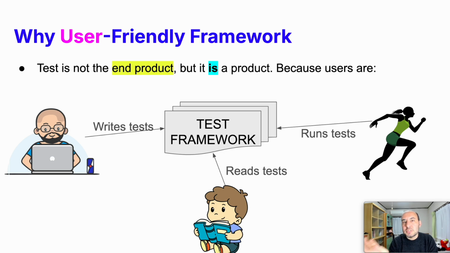Even though end users will not see your code, some other users, some internal partners will see your code. They might be other testers, or they might be developers, product owners, who are reading your code, because sometimes they might try to understand the test coverage, so they might try to go over test cases.